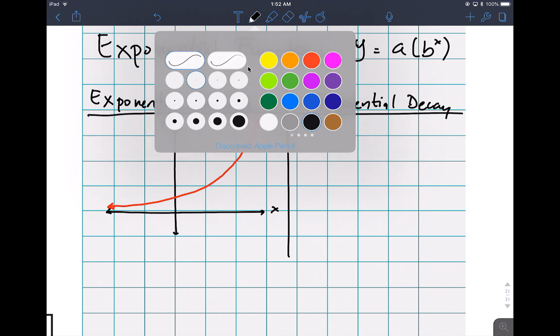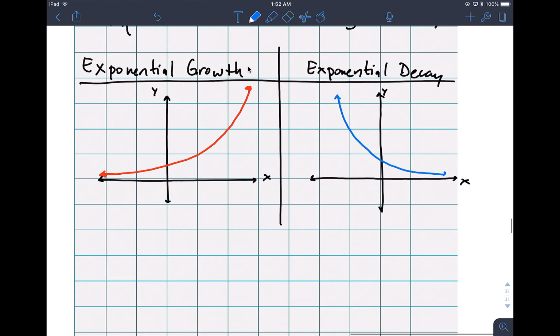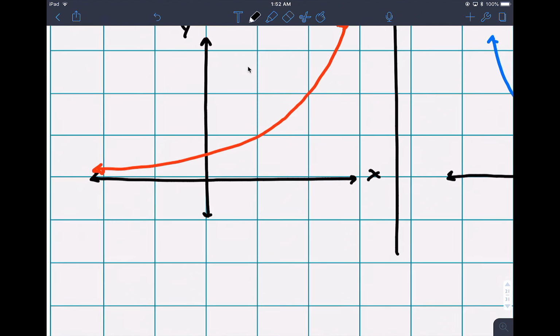And for exponential decay, the graph, let me label my axis, tends to look something like this. So we'll talk about what the reason for that is. But again, looking at exponential growth only.